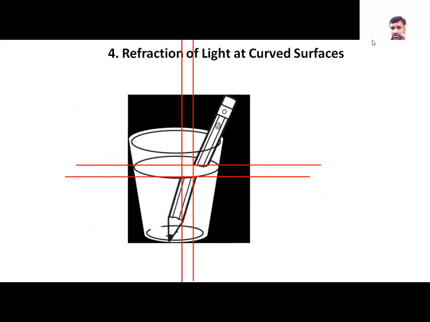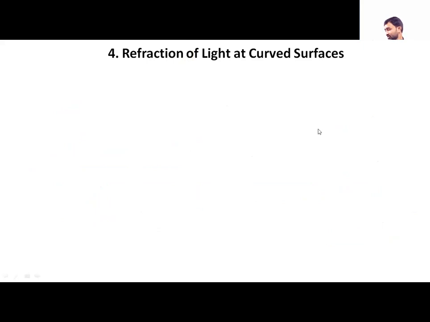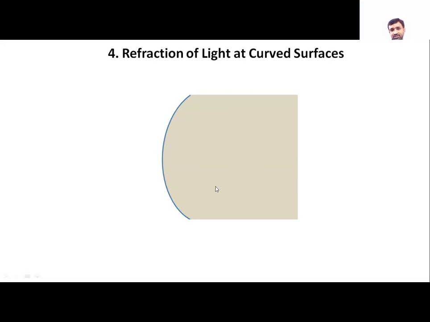Right. Next we'll go for understanding the curved surfaces. What happens if a light ray propagates from rarer to denser medium? Here we have different cases. The first case is targeting the light onto the curved surface along the principal axis and along the normal. In this case, what happens?